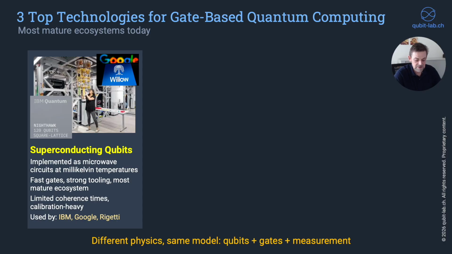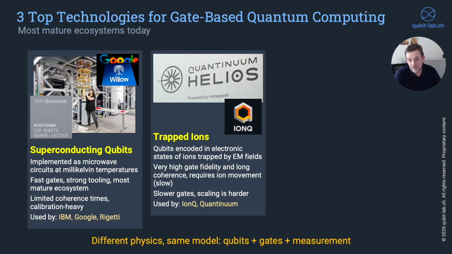Then there is trapped ion qubits. These are individual ions held in electromagnetic traps, where qubits are encoded in internal atomic states and controlled with lasers, offering very high fidelity and flexible connectivity. So this is very interesting. It shows much fewer errors.